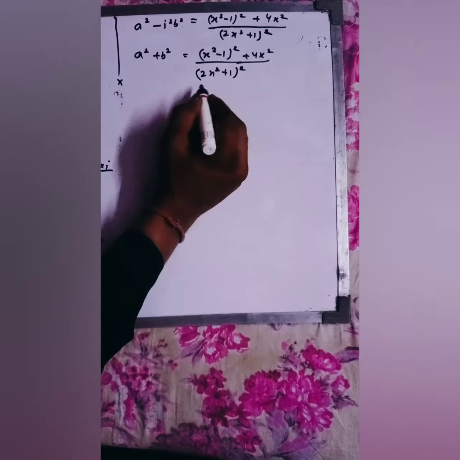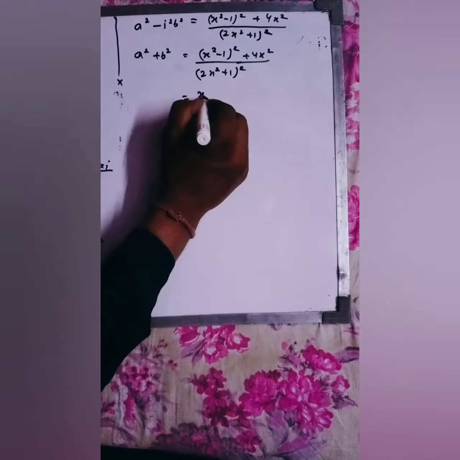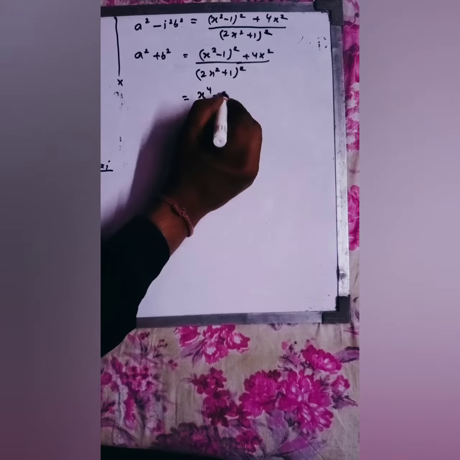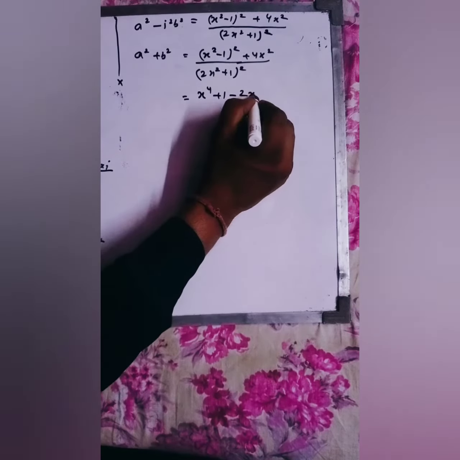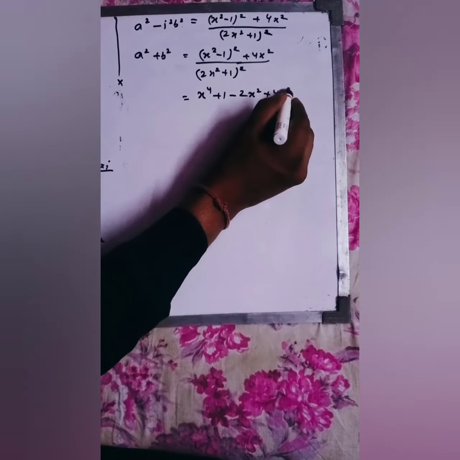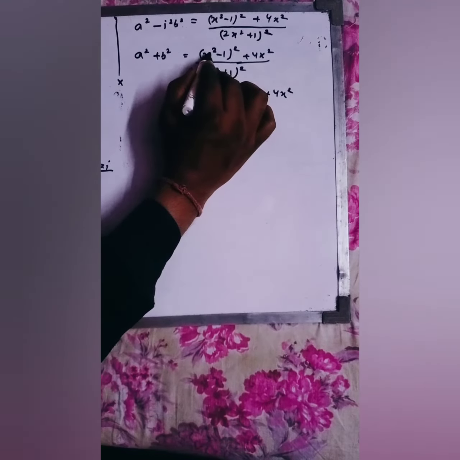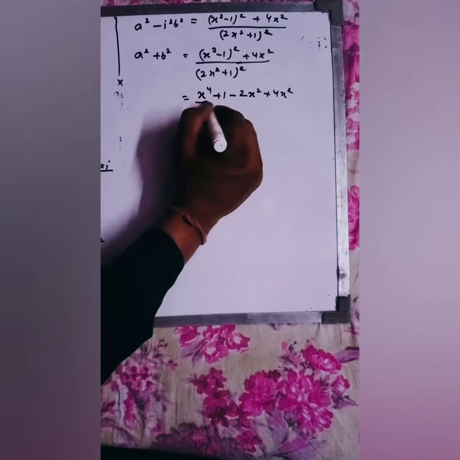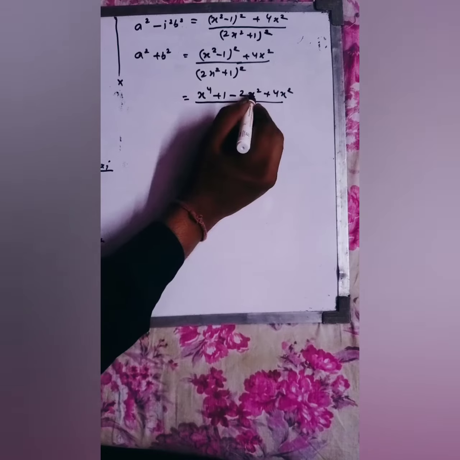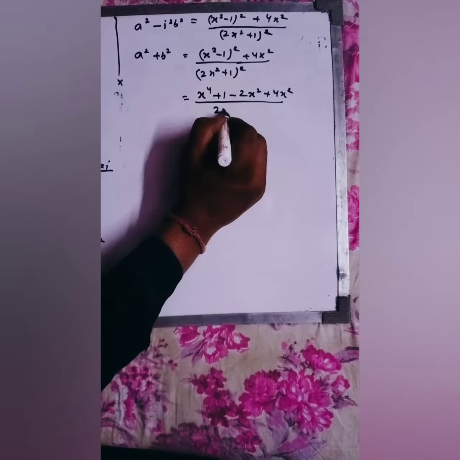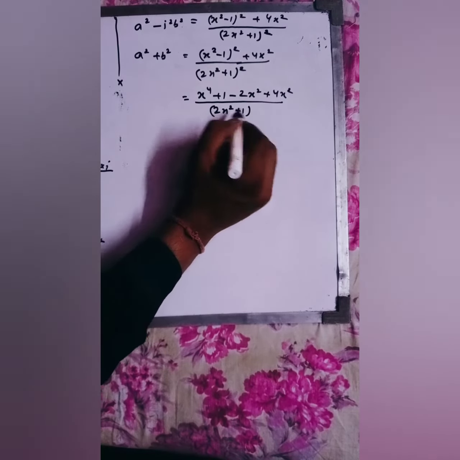Yes. Now just open the bracket. Here you will get x to the power 4 plus 1 minus 2x square. Here you have to apply the formula (a minus b) whole square, a square plus b square minus 2ab, and the rest of the thing will remain the same.